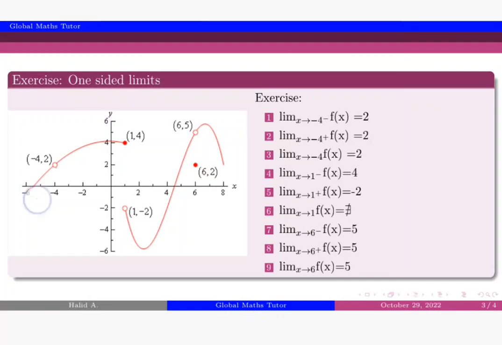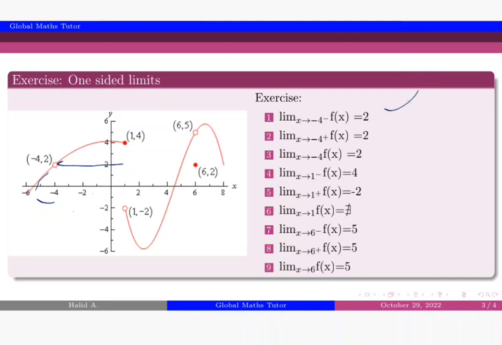As x approaches from the negative side, f of x approaches this hole. That means it approaches this value, which is 2. So from the negative side it will be 2.